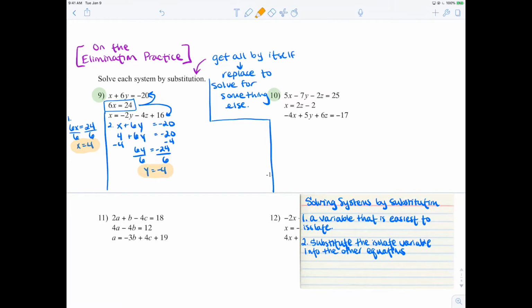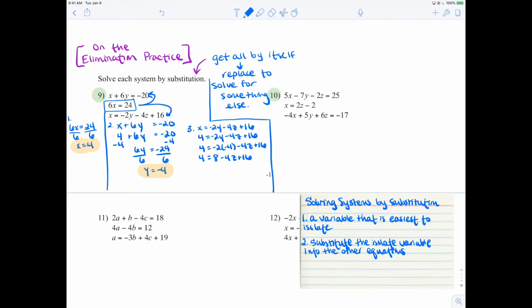And then we'll substitute that x back in. So step number 3, we've got x equals negative 2y minus 4z plus 16. We substitute the x and the y in, and we get 4 equals negative 2 times negative 4, which is positive 8, minus 4z plus 16.